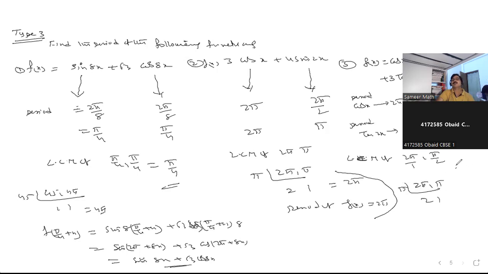GCD of 1 and 2 is 1. So we need not worry. Again, here we got 2 pi. So the period of f of x is 2 pi. Okay, like this we will get. Anybody have any doubt?